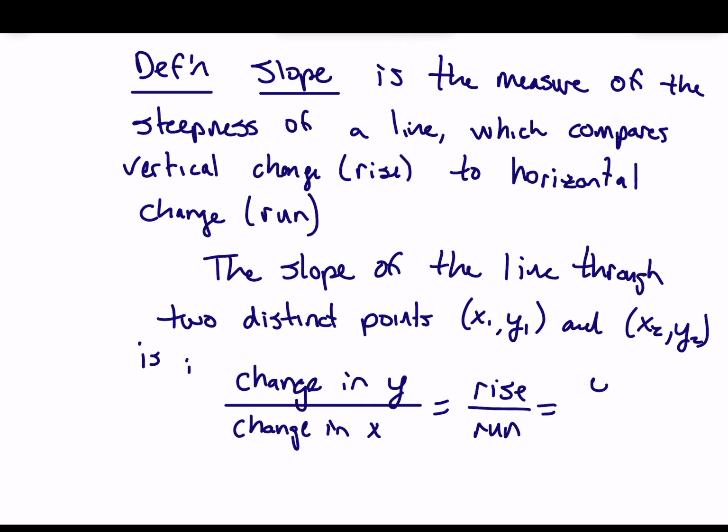And we compute it by taking y2 and subtracting y1 and dividing that by x2 minus x1. And this all happens where x2 minus x1 is not equal to 0 because we can't have division by 0. Let's try an example where we find the slope passing through 2 points.